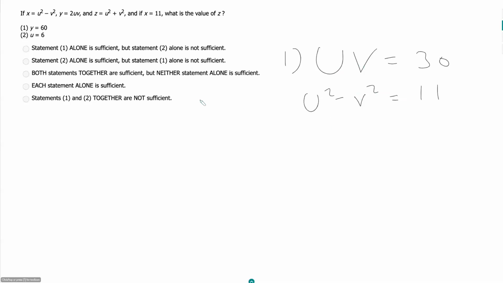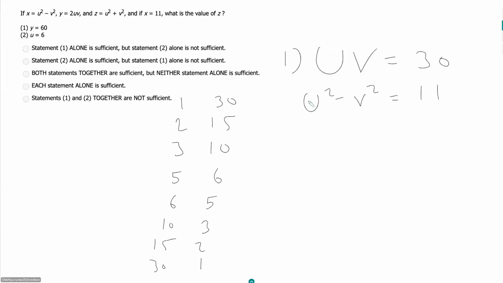that gives me those two things: they multiply to 30, and when you subtract their squares, they equal 11. So if I just start writing out the factors of 30, you can have 1 times 30, 2 times 15, 3 times 10, 5 times 6, and after this it's just going to go in reverse: 6 times 5, 10 times 3, 15 times 2, and 30 times 1.